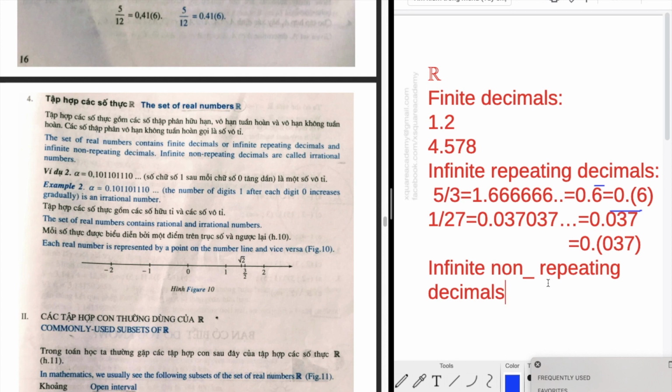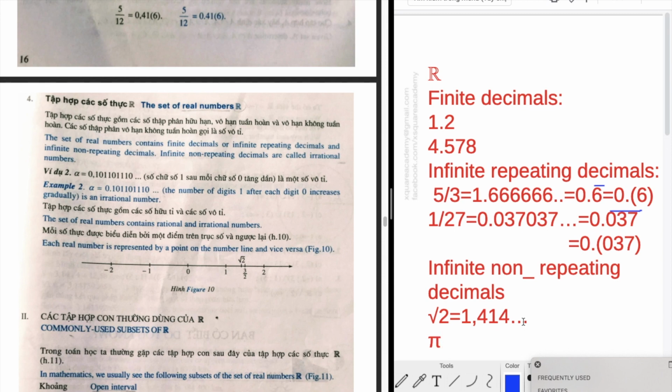And infinite non-repeating decimal. For example, square root of 2 equals 1.4145, etc. Its decimals are non-stop and non-repeating, or pi is a popular number with millions of digits after the dot sign.